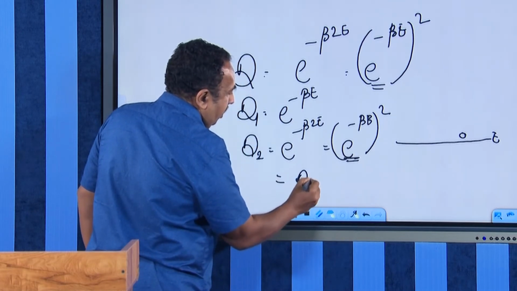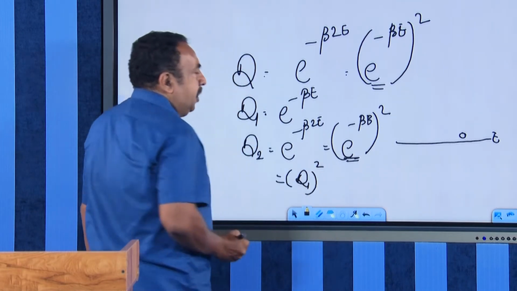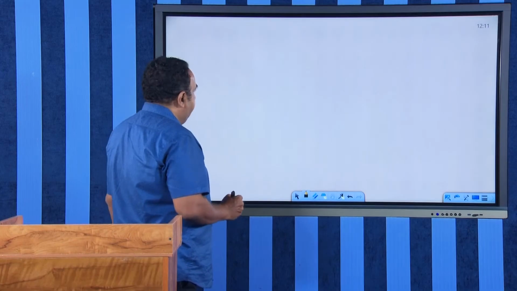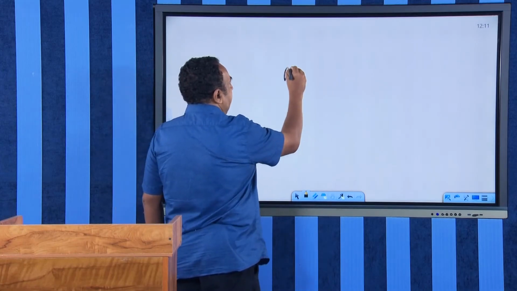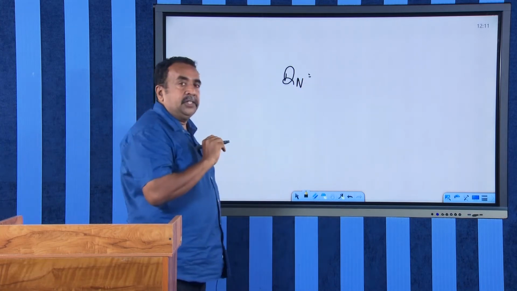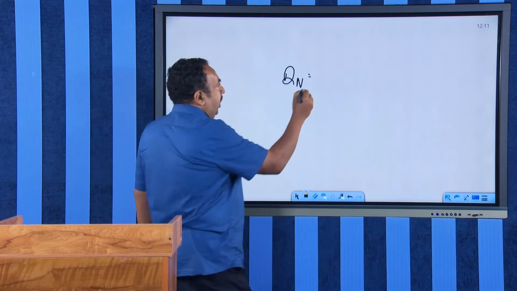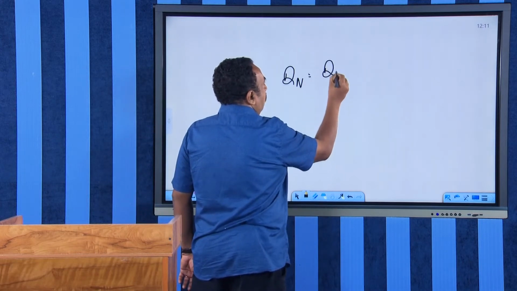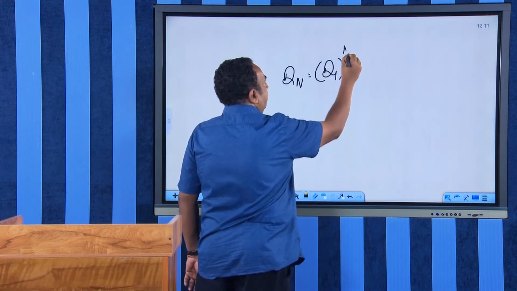Therefore, this becomes Q1 square. Extending this, if I have N particles having the same energy, QN is Q1 raised to N.